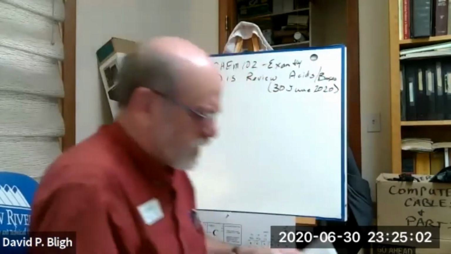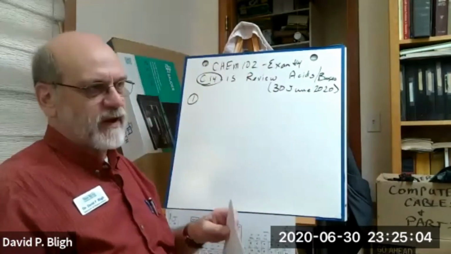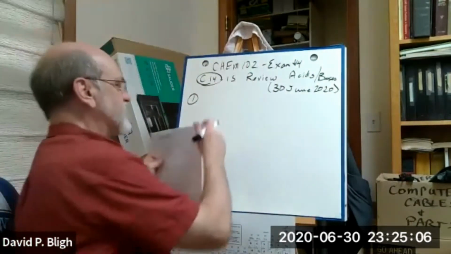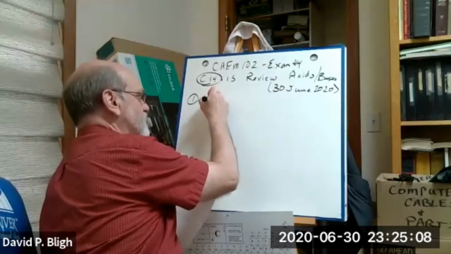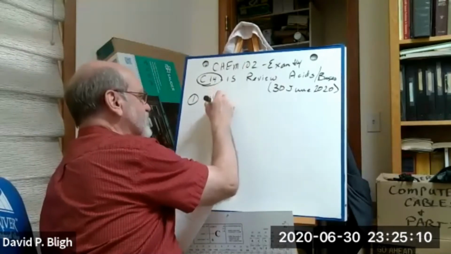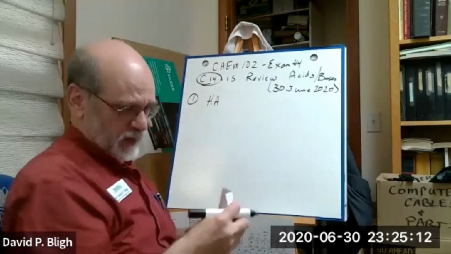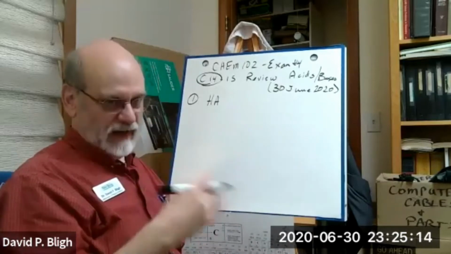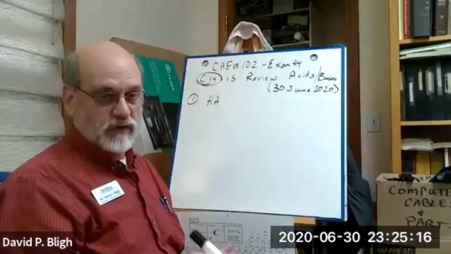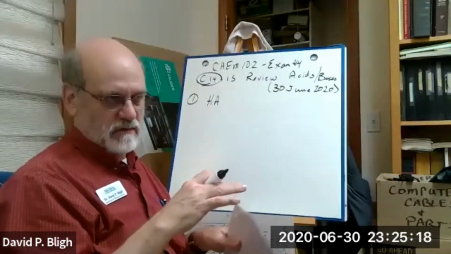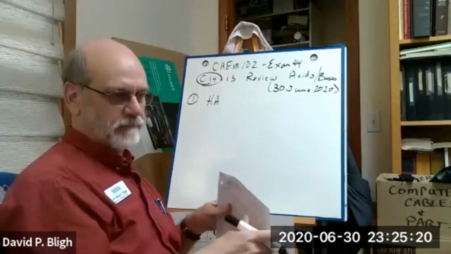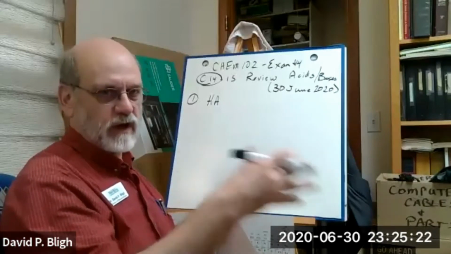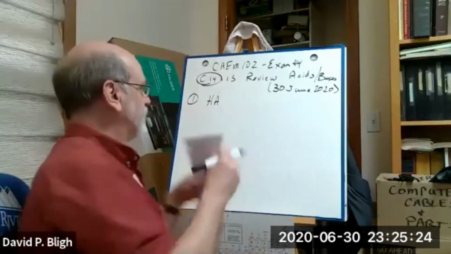Okay, which of the following is a conjugate acid-base pair? Remember the definition of an acid dissociation. And for convenience, we're going to leave out water. We're going to use the dissociation mode only, and not the transfer of a proton to water to make hydronium.